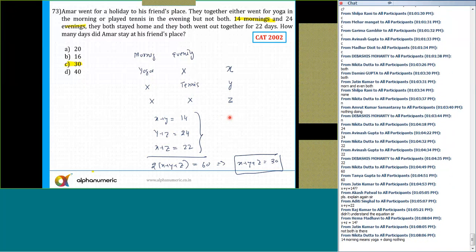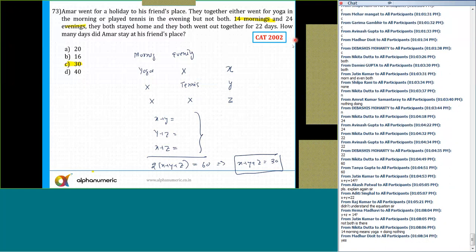Y plus Z should be 14. That is where the equation, maybe I have written the values wrong. X plus Y is 22. So X plus Y is equal to 22.